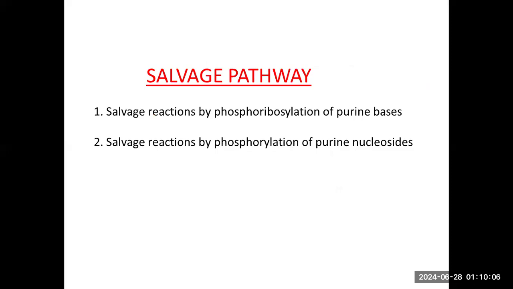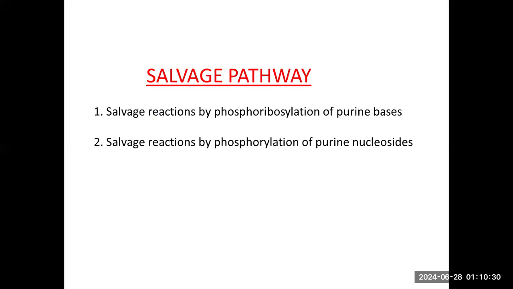Salvage pathway of the synthesis of purines. Salvage reactions are of two types. The first is the phosphoribosylation of purine bases, that is, a simple attachment of ribose 5-phosphate to the purine base.